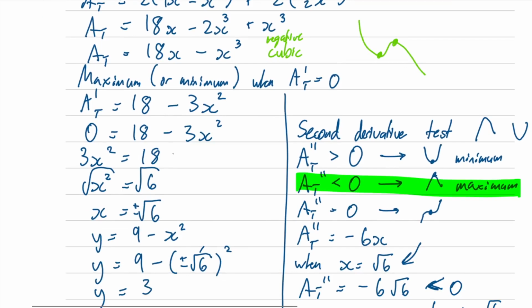So thinking back to our two solutions, we got negative root 6 and positive root 6. The negative root 6 would correspond to the minimum, whereas the positive root 6 would correspond to the maximum. So you could reason about it like that as well.